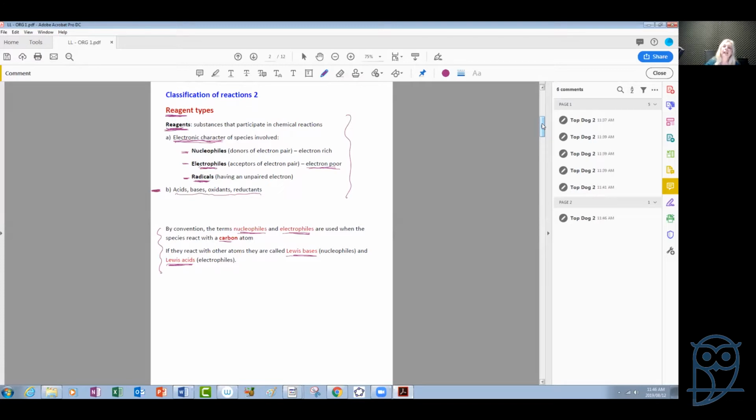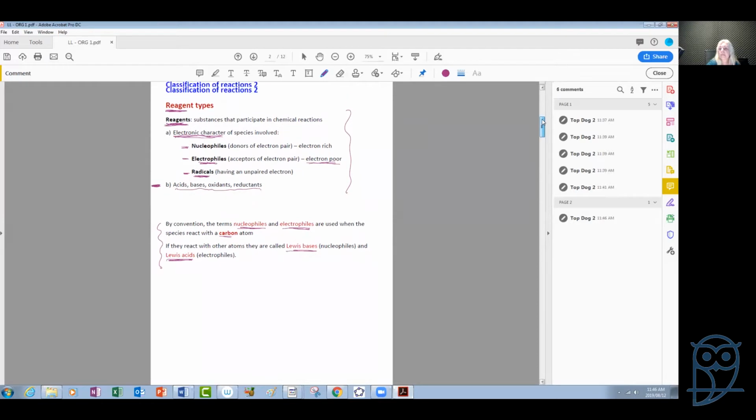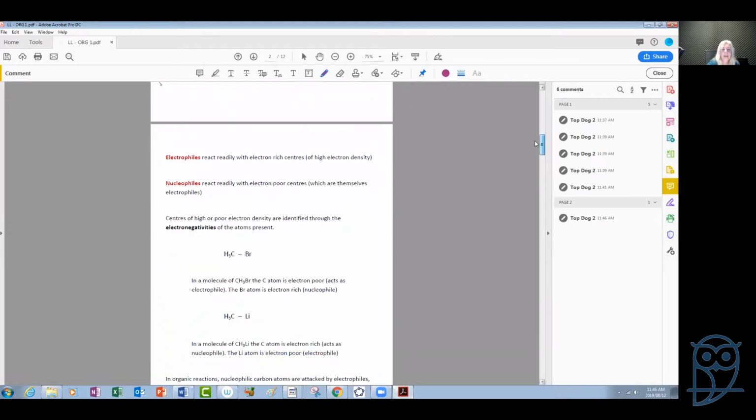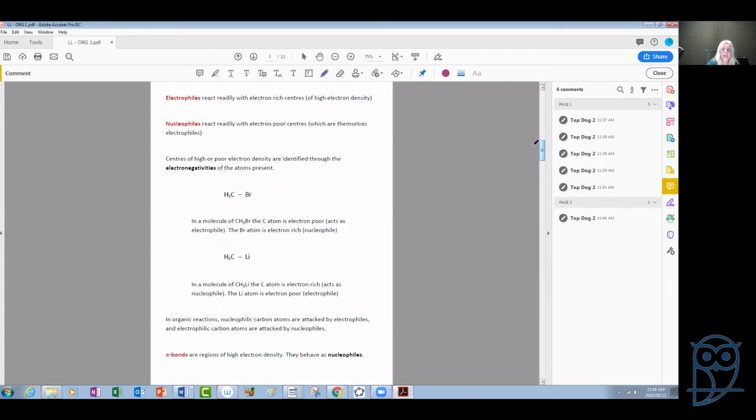So nucleophiles and electrophiles are not really new species that we are going to meet. It's just names that we use in organic chemistry if these species react with carbon atoms. And some more here on electrophiles and nucleophiles. The word electrophile actually means friend of the electron.